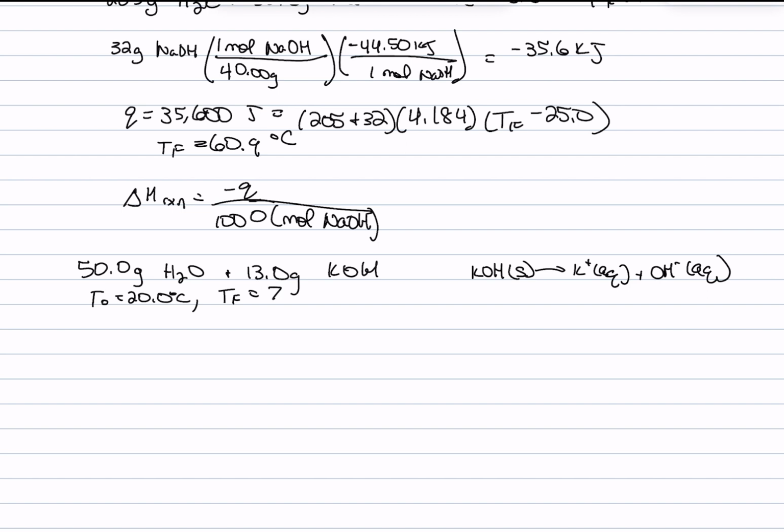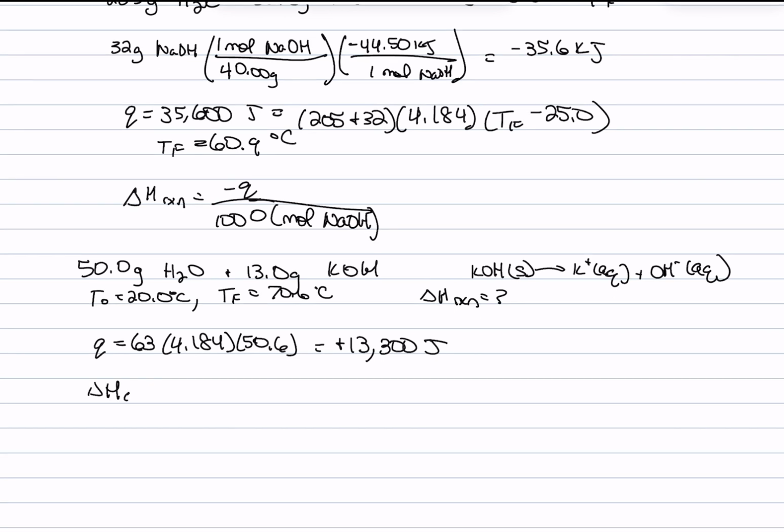So the first step here would be to find the Q, and so that would be equal to 63, which is the sum of the masses of both water and KOH, and multiply that by C of 4.184 times the change in temperature, which is 50.6, giving us 13,300 joules. And so the reaction gave off energy that the solution absorbed.